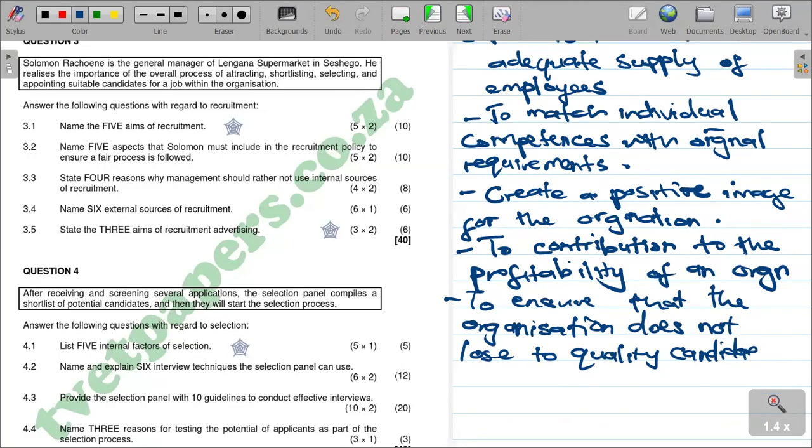Name 5 aspects that Solomon must include in the recruitment policy to ensure a fair process is followed. Right.